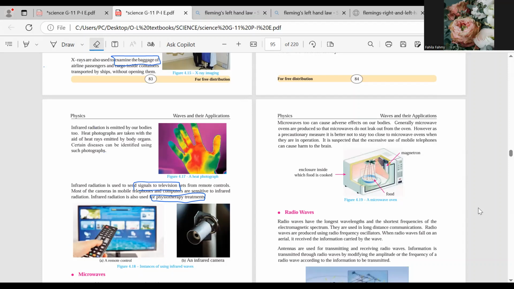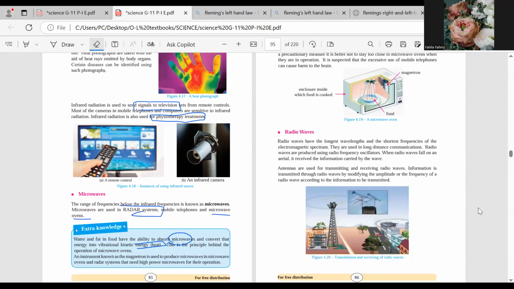Then comes the radio waves. What do we use radio waves for? Long distance communication, telephone and everything, we use radio waves, right? They carry information, and the information is carried by a wave.